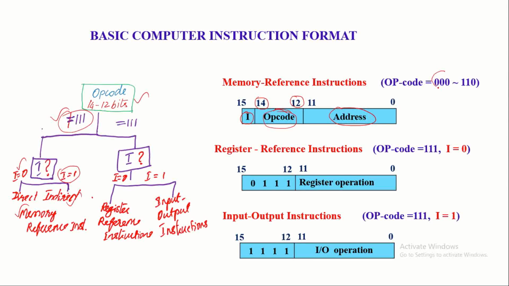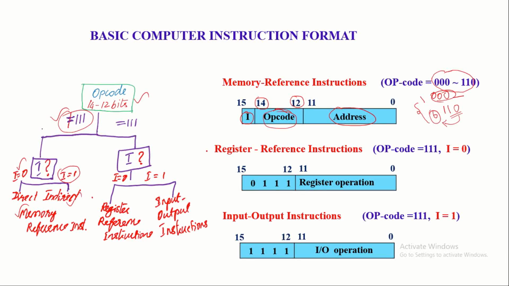It may have any one of the combinations 000 to 110, that is, the binary equivalents of the decimal numbers 0 to 6, so from 0 to 6 values only it can have in the opcode part.